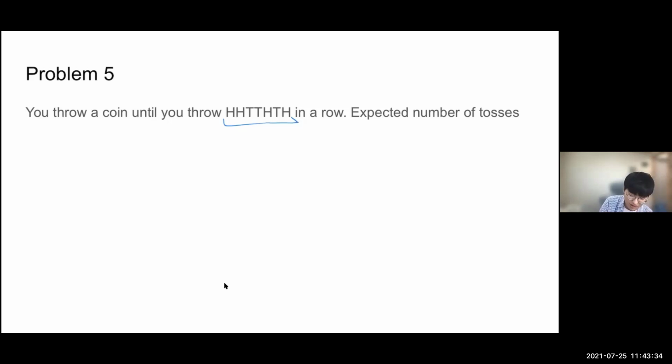A gambler starts by betting $1 on the first round, and they receive double the amount if H comes up. And on the second round, they bet whatever they have.